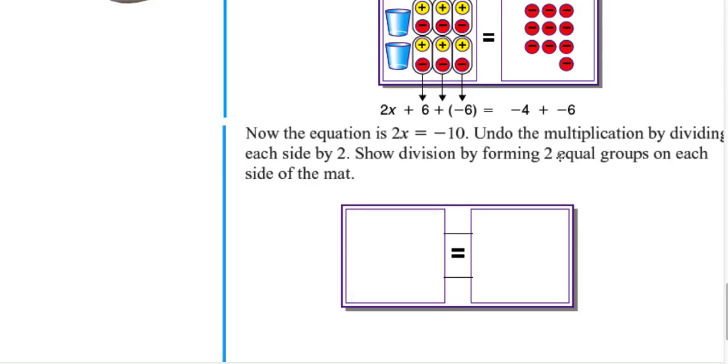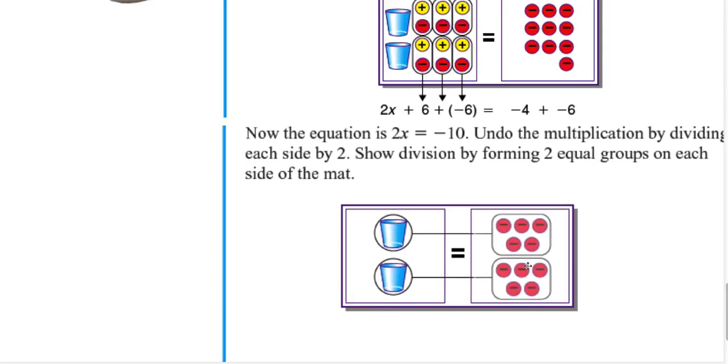And we want to undo multiplication by dividing each side by 2. So you have your 2 cups, and we undo the 2 by dividing both sides by 2. We show division by circling the 2 cups into 2 groups. And in the same fashion, when we divide the left side by 2, we need to divide the right side by 2 as well.